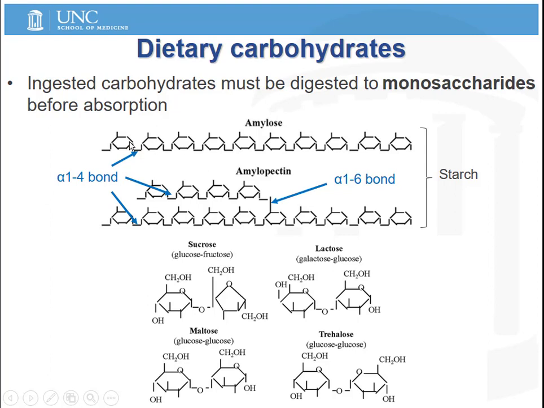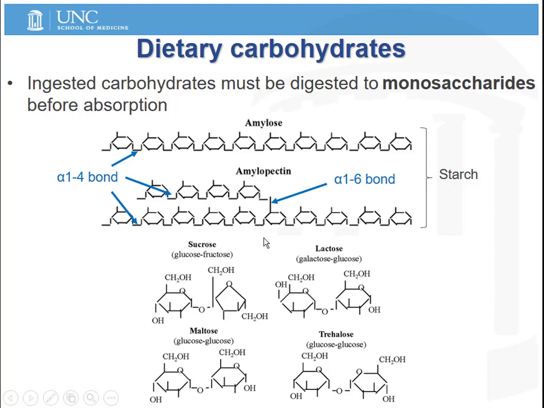Amylose is a straight chain glucose polymer made up of many glucose residues connected by alpha 1,4 linkages between each glucose. Amylopectin, on the other hand, is a much larger and branched glucose polymer, and it contains numerous amylose-like chains that are connected together through alpha 1,6 branch points.